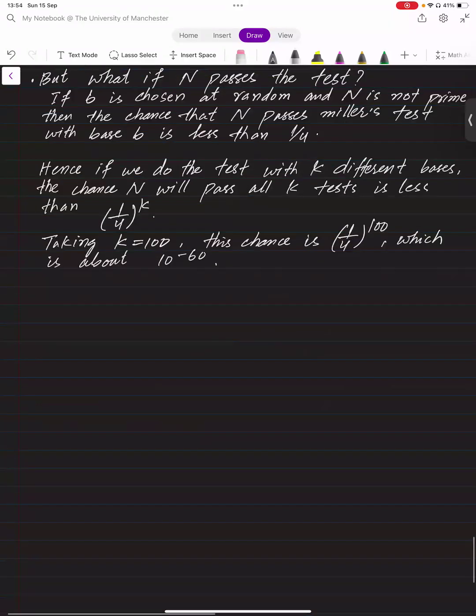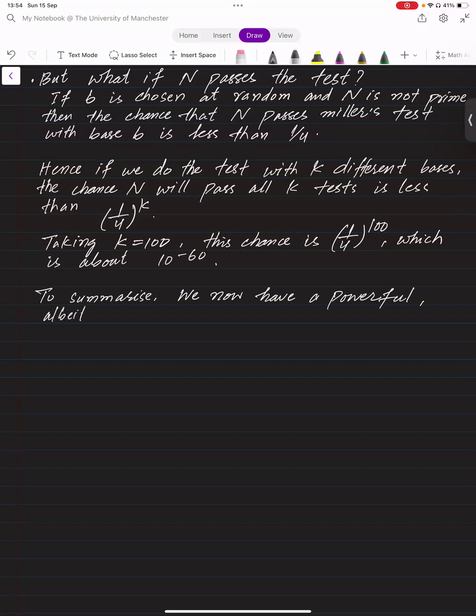So let me summarize this chapter. We now have a powerful, albeit probabilistic, primality test for a large integer n.